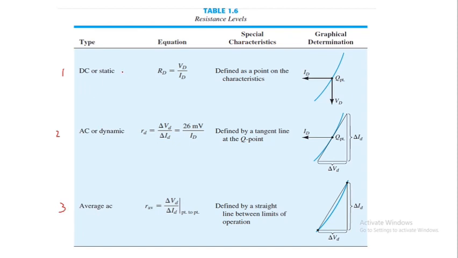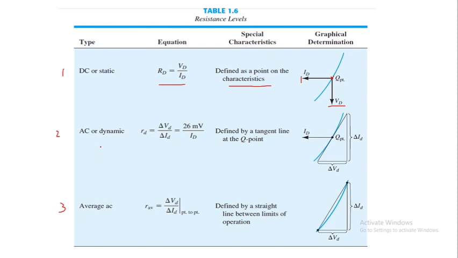For DC or static resistance, the equation was capital RD is equal to VD over ID, and it is defined as a point on the characteristic, meaning at any Q point. So you need to find the value of VD and the value of ID, and just putting them in this equation you will find DC resistance.